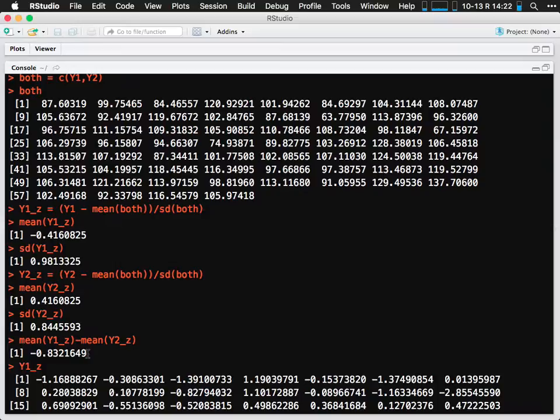So a difference that's 10 times greater than noise would be very unlikely. A difference that's half the noise, so 0.5, would be a little bit more credible. So in this case, it's really unlikely.